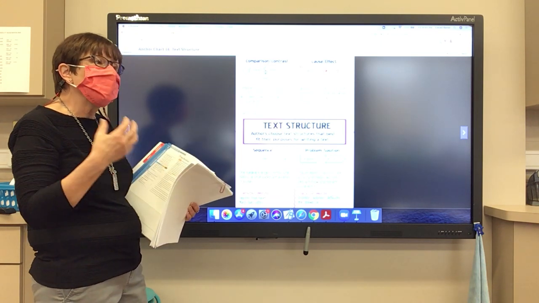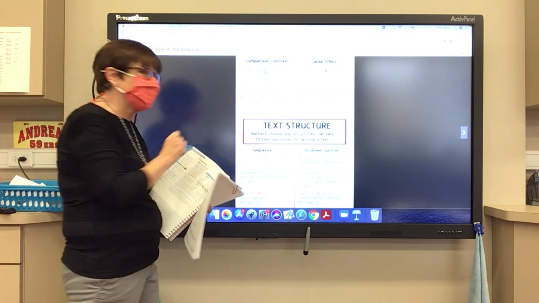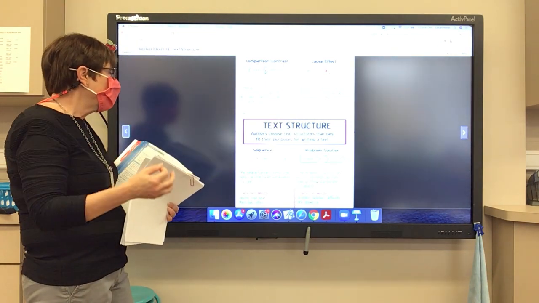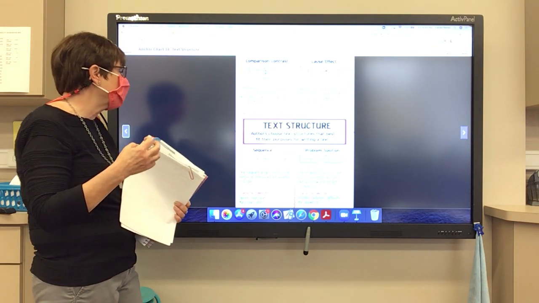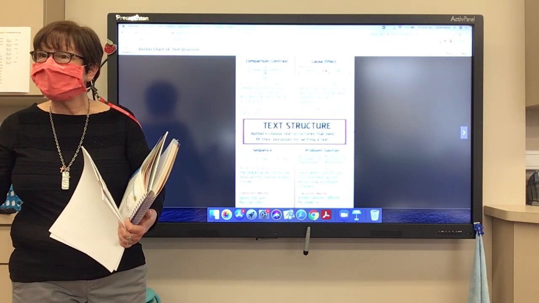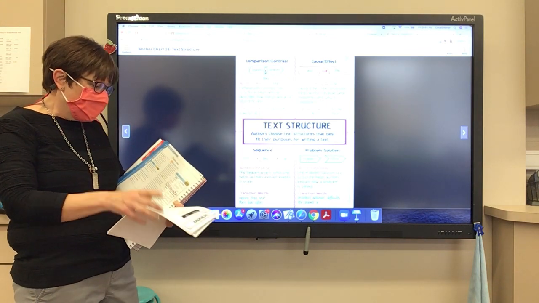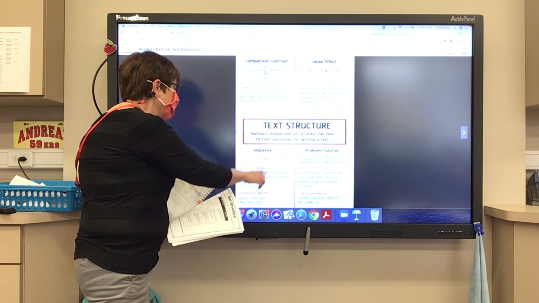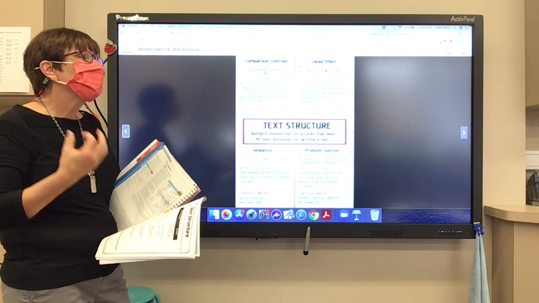And here's one that's particularly important this week: sequence. Boys and girls, the author's purpose in sequence text structure is to help the authors explain events in order. The sequence would be the order in which things happen. They use words like first, next, last, before, then.